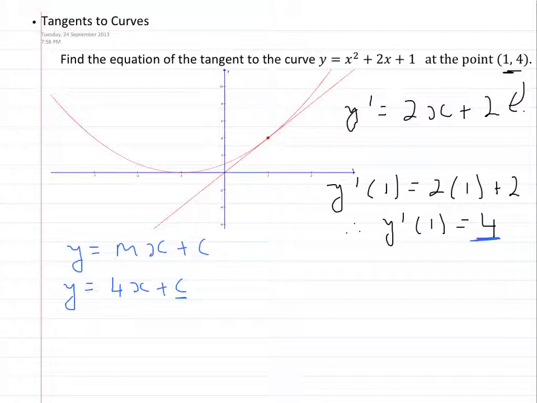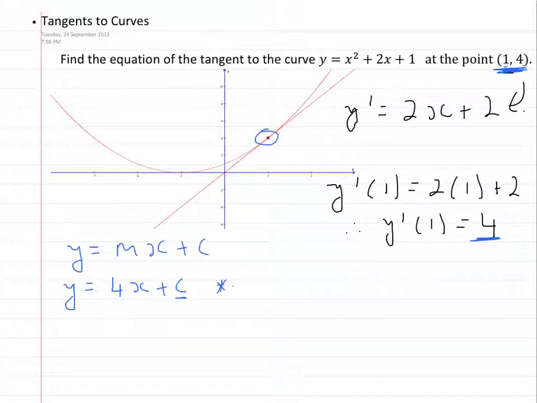To find the value of c, all I need to know is one point on the tangent. I've got that point, it's (1, 4). It's on the parabola, but it's also on the tangent. So when x is 1, y is 4, and I can substitute that into my equation.